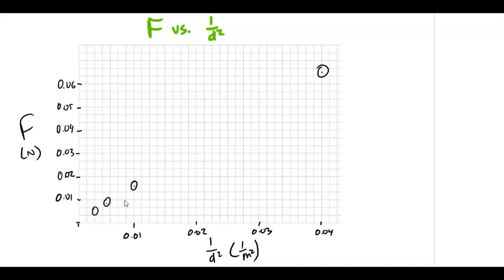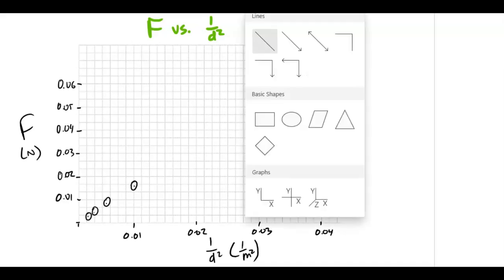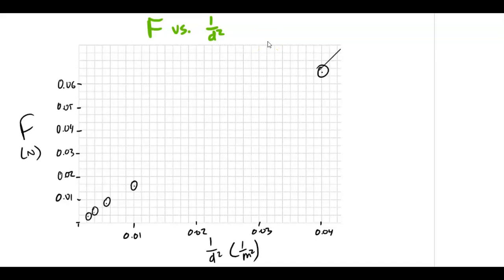That would be somewhere in the neighborhood of here. And we can see we've got a fairly linear set of data. And just get that into position there, and that becomes our linearized data.